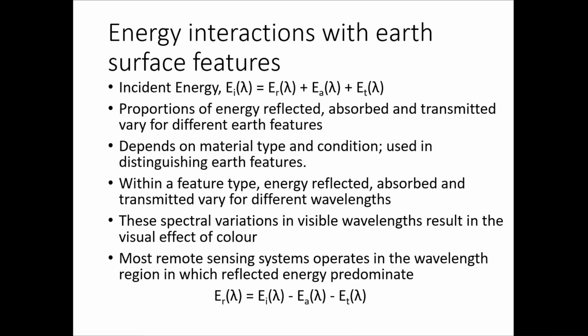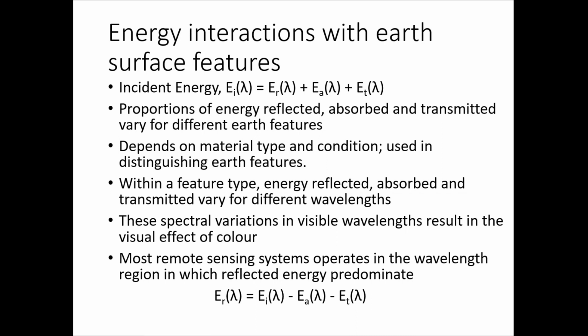So if you use a remote sensor for recording energy reflected in the green range of the visible spectrum, you can see that for different plants or different leaves, the reflectance is different, isn't it? So within a feature type, within the leaves itself, or within the plants itself, the energy reflected, absorbed, and transmitted can vary for different wavelengths.